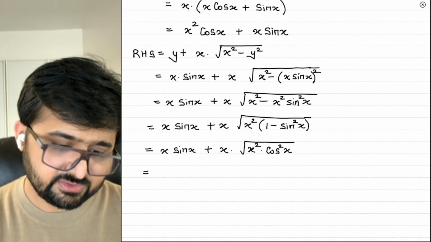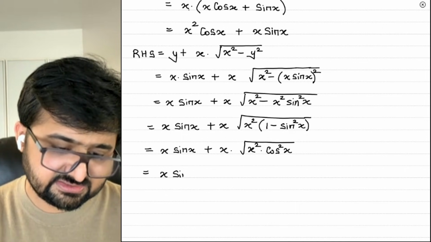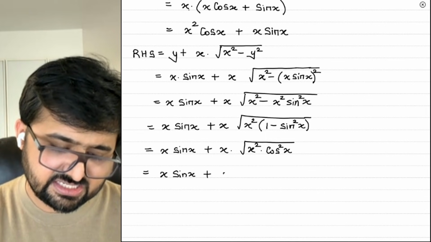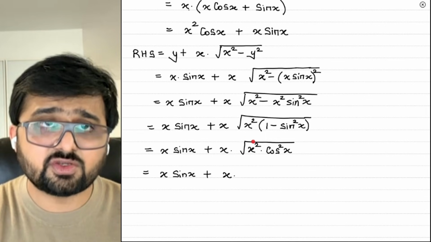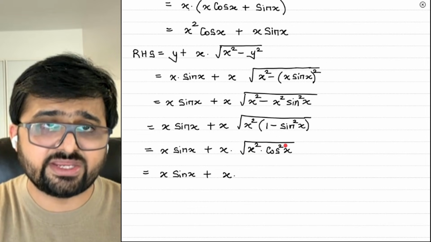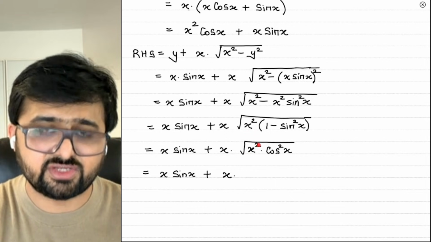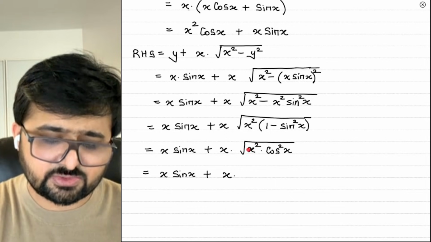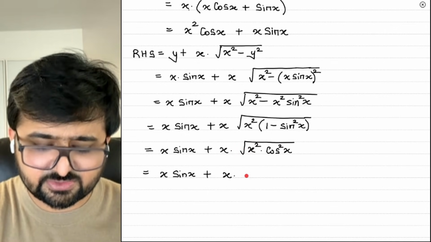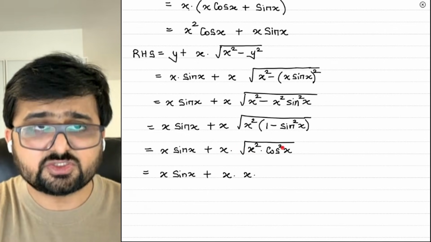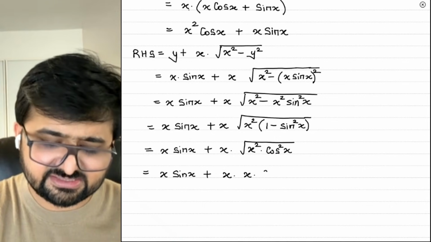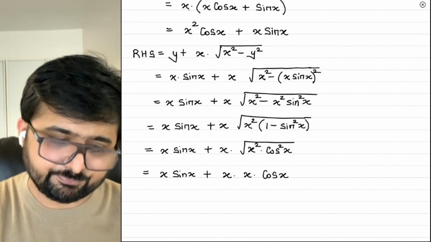Okay. Now that will give you x sine x plus x. Now this square root and these two squares will get cancelled. So square root of x square is nothing but x, and square root of cos square x is nothing but cos x.